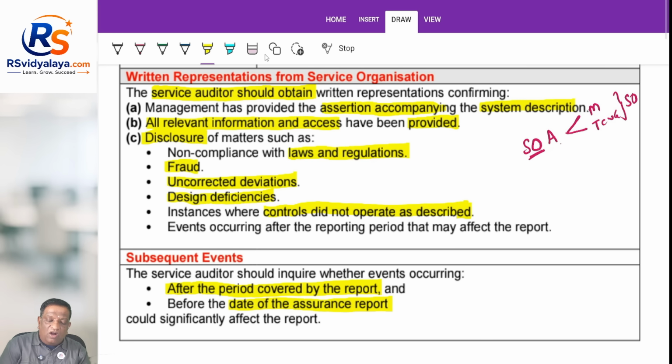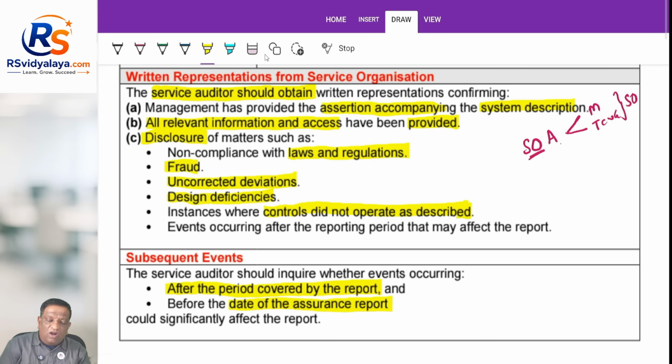So, it is indirectly the subsequent events that have been analyzed here. On all these points, who is obtaining this representation from whom? The auditor of the service organization is obtaining it from the management or those charged with governance of the service entity, and on this basis he would be performing and issuing this report.